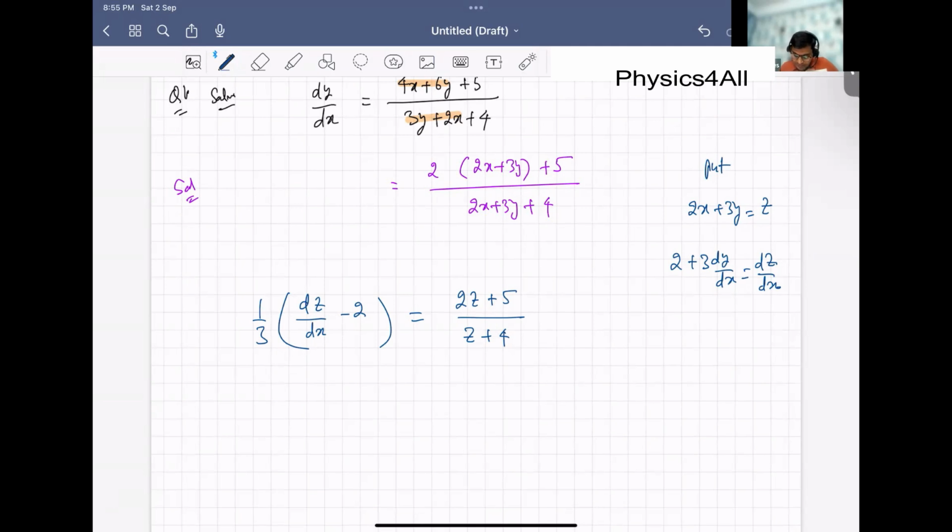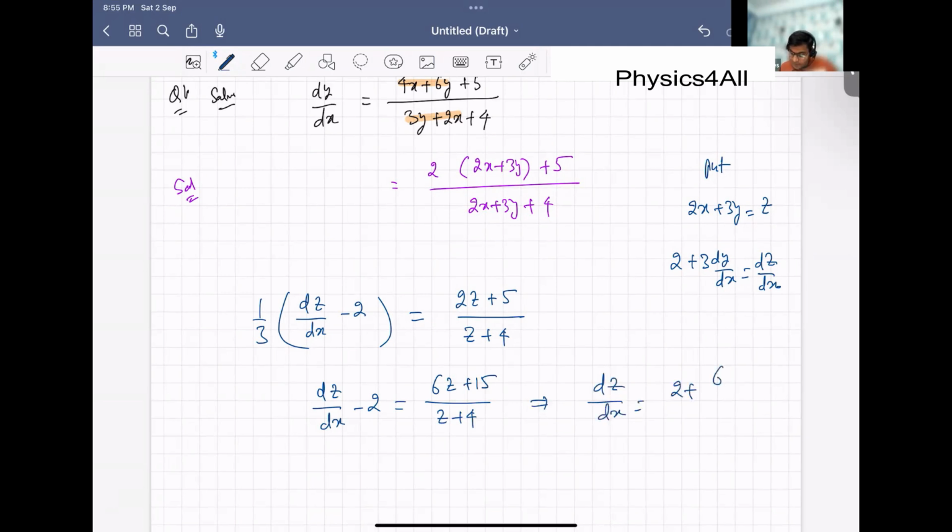Okay, so let's solve it. So dz by dx minus 2 is equal to 6z plus 15 by z plus 4, which means dz by dx is equal to 2 plus 6z plus 15 by z plus 4, which is 8z plus 23 by z plus 4.